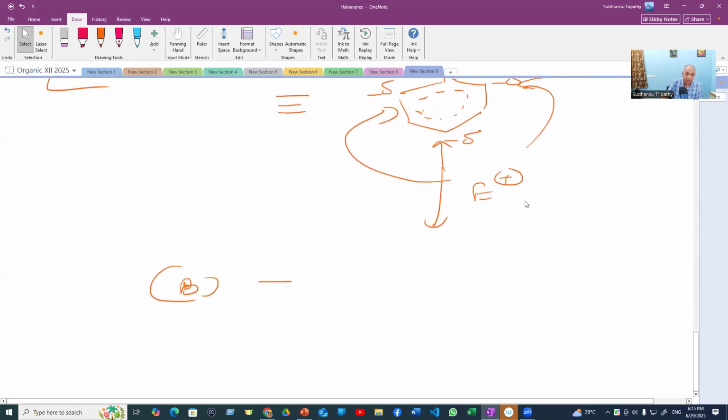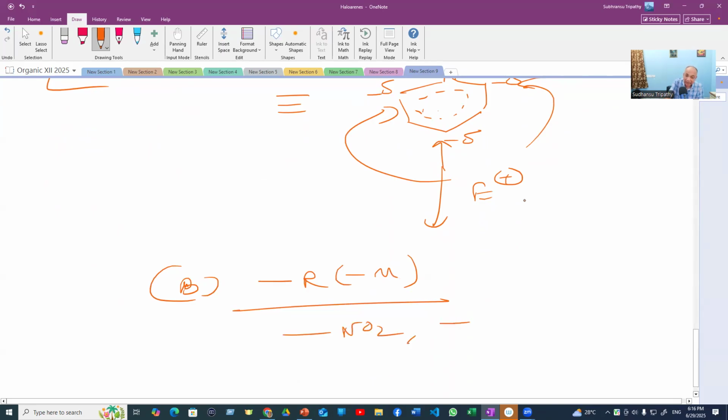Now coming to the second part, minus R or minus M, the electron withdrawing groups through resonance, like NO2, nitro, like CN, like COOH, not like COOR. This is carboxy, alkoxycarbonyl. That was acyloxy. Here, there is no lone pair. There is a multiple bond to a heteroatom, so that will withdraw electron from the benzene ring.